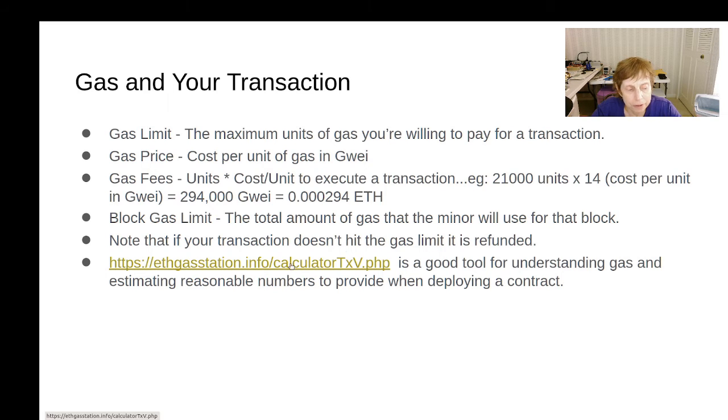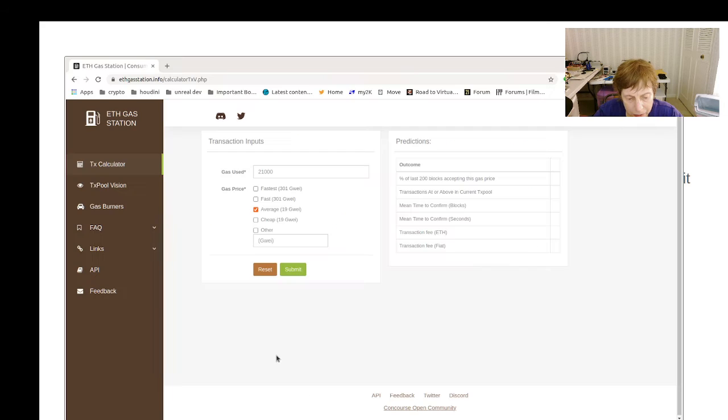And we're going to look at this site now. This is called ethgasstation.info. It's basically a calculator to give you an idea.